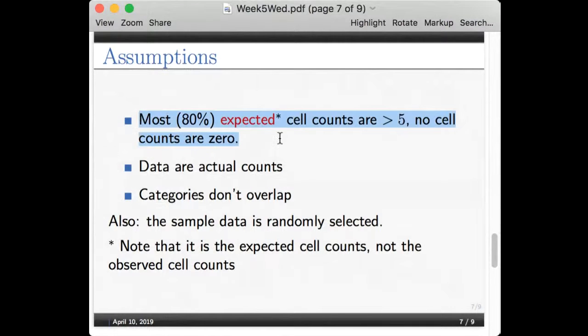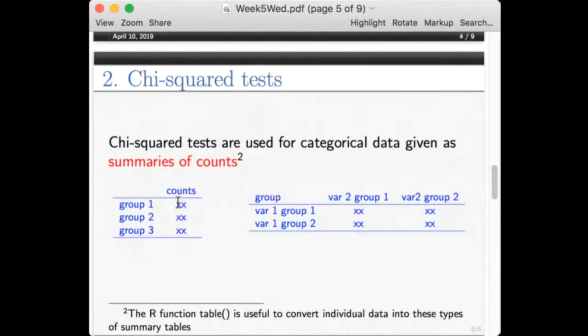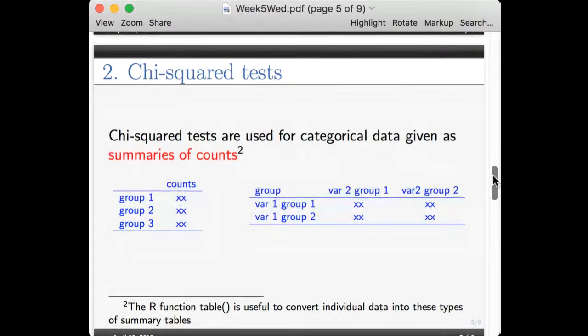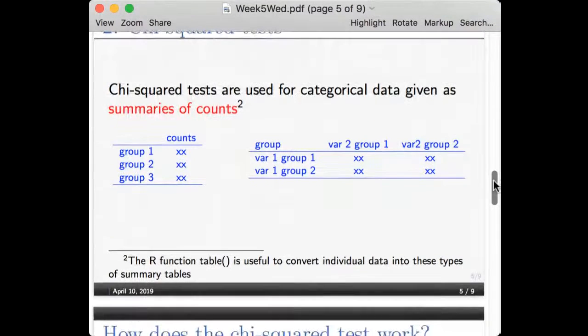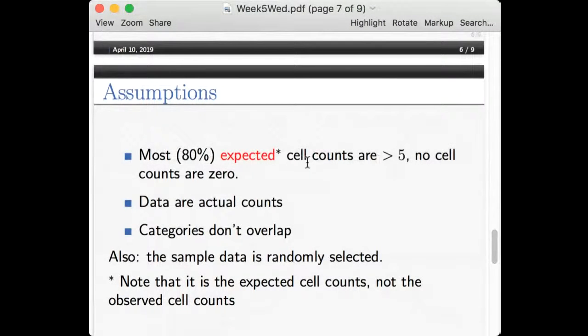The main assumptions are that most of the expected cell counts are greater than 5 and no cell counts are 0. So you must get something in every cell. What I mean by a cell is that's a cell, that's a cell, and so on. The counts in each grouping can't have any 0, and most of them should be bigger than 5.